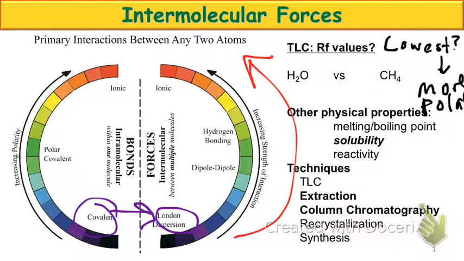So if we've got a strong force, what type of bond would we be looking for? Something that's ionic. So we could real quickly look at our two compounds, water and CH4. Do we have ionic bonding or ionic forces? No, why not? Do you see ions? No. Do you see a metal and a nonmetal?